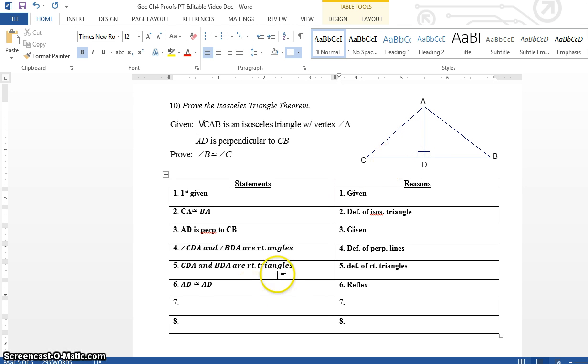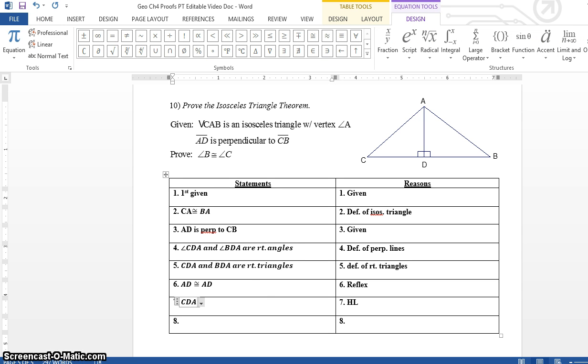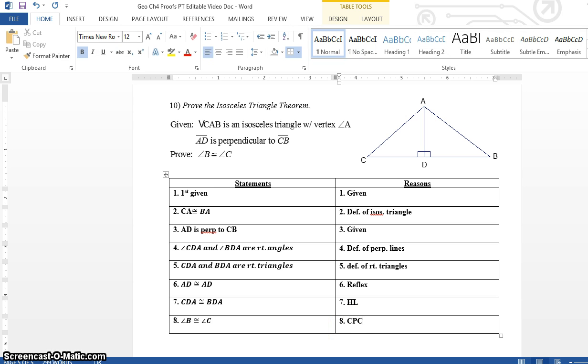But because it's a right triangle, we can now use hypotenuse leg for the first time and say that triangle CDA is congruent to triangle BDA. And now all that leaves is to prove angle B is congruent to angle C by CPCTC.